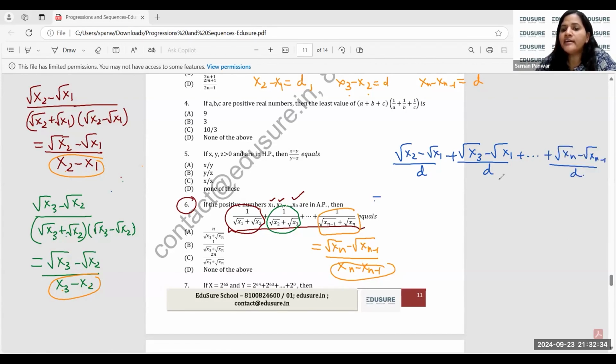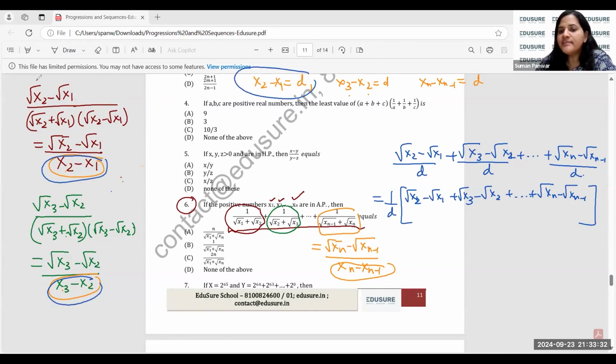So we can take 1 upon d common, and we have root x2 minus root x1 plus root x3 minus root x2 plus ... plus root xn minus root xn minus 1.